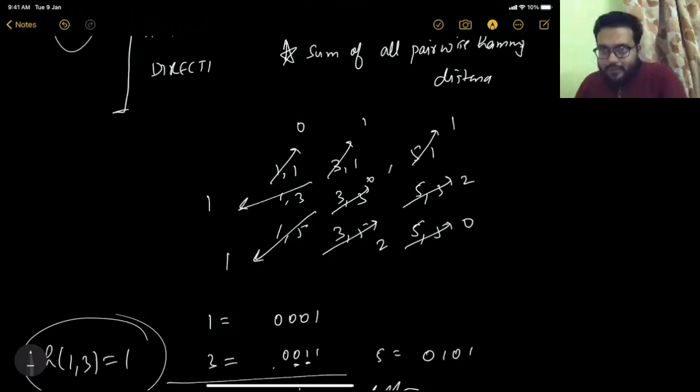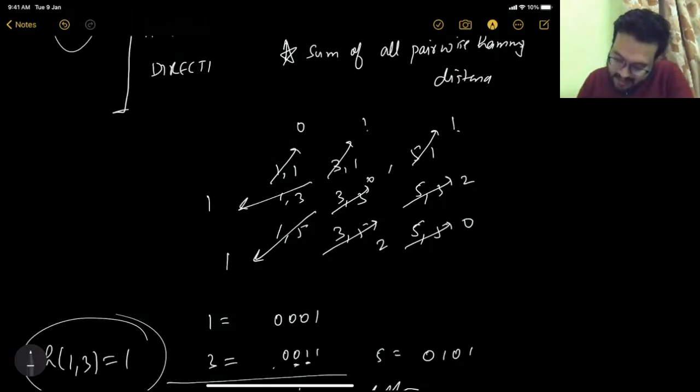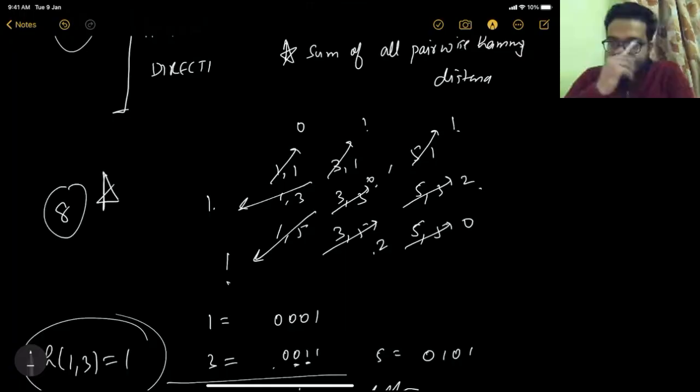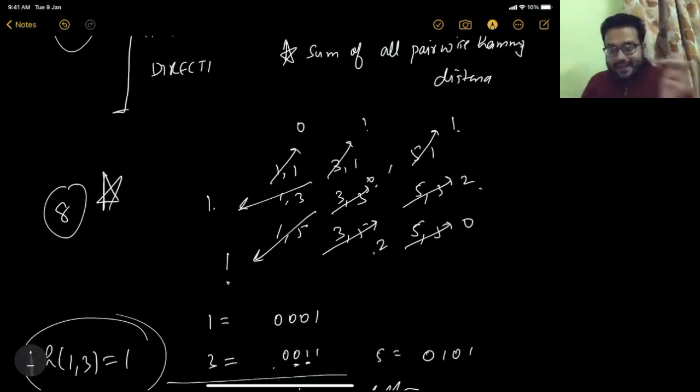Saurav says, what if I XOR all the numbers and find the set bits? How many of you think that will be a good idea? That will not be a good idea, right, Saurav? Because here, if you XOR all of these 3 numbers, if you XOR these 2, your answer will be 0, 0, 1, 0.